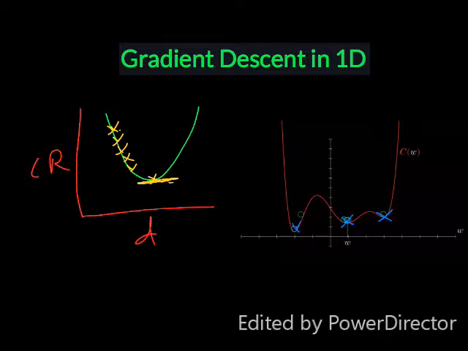So thankfully in linear regression, the curve is not this complex. It's a convex function. That means it has only one global optima. So whichever random value you start with, the gradient descent algorithm in case of linear regression will converge to the global optima.